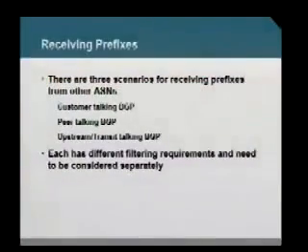Okay, receiving prefixes. There are 3 scenarios for receiving prefixes from other ASs: from your customer who's talking BGP to you, a peer talking BGP, and the upstream or transit provider. And each one's got different filtering requirements and needs to be considered differently. So from your customers, you only want to receive the address space that you've actually assigned or allocated to them, or that they can prove is theirs.